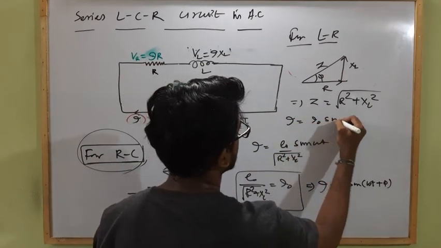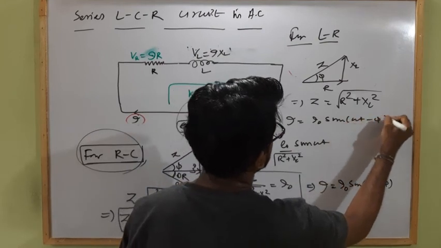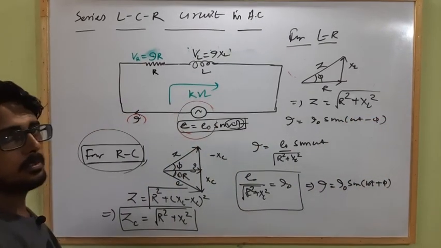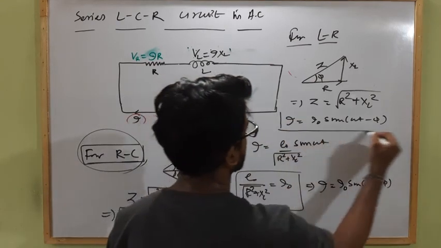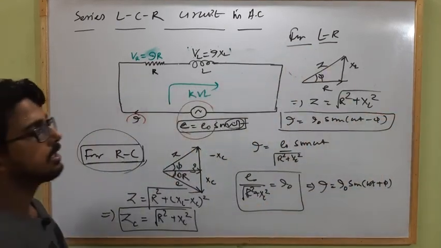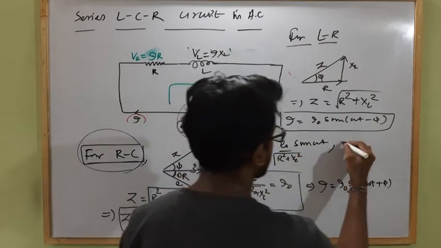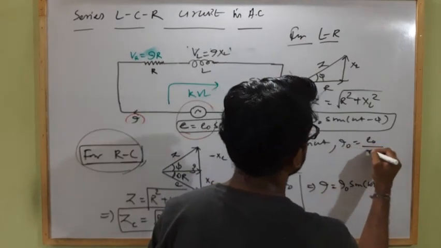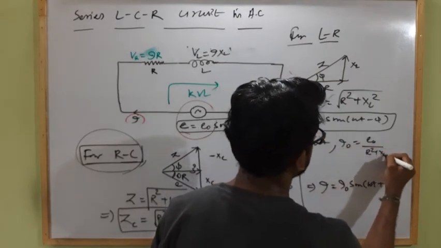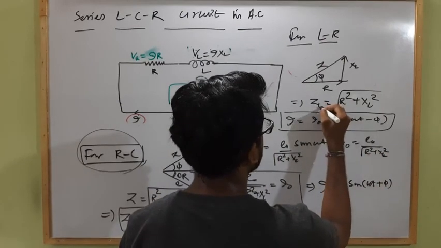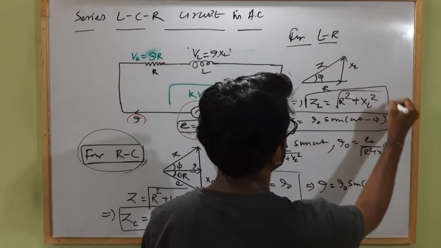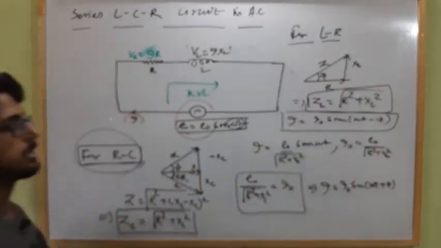I naught sin omega t minus phi. Okay? Clear? And I naught will be how much? I naught equals E naught divided by Z, or the square root of R square plus XL square. Here Z is the inductive impedance, the square root of R square plus XL whole square.